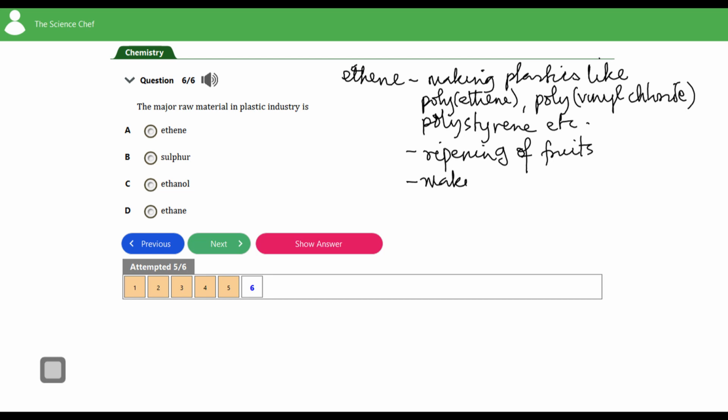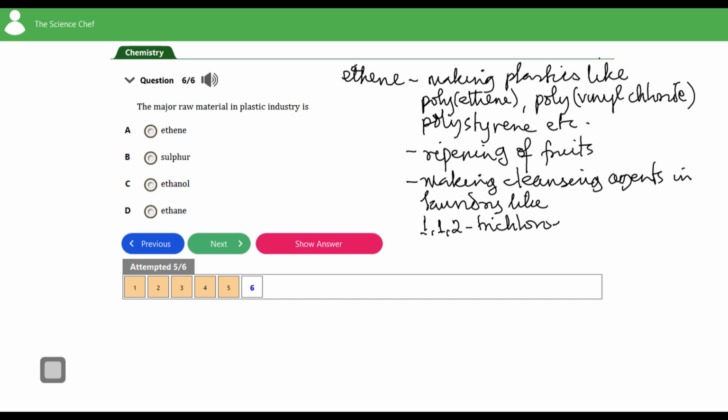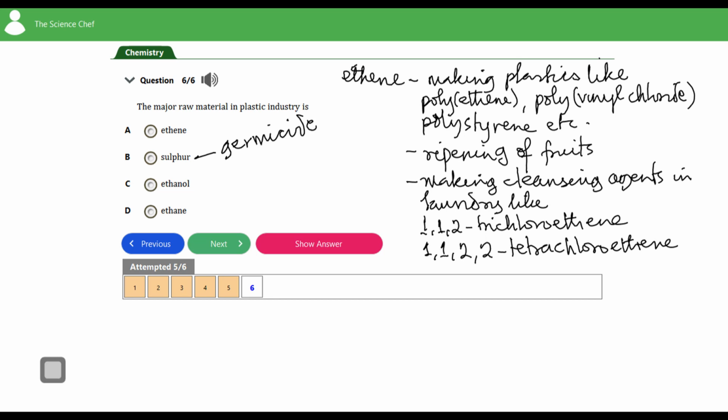It's also used for making cleansing agents in laundry, or you can call them stain removers, like 1,1,2-trichloroethene and 1,1,2,2-tetrachloroethene. They are used in laundry for removing stains from fabrics. Then sulfur. Sulfur is used for making germicide. It can also be used for making matches, etc.